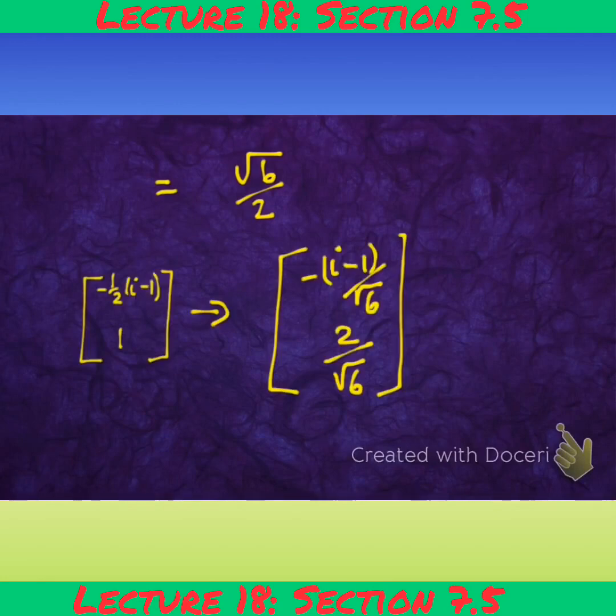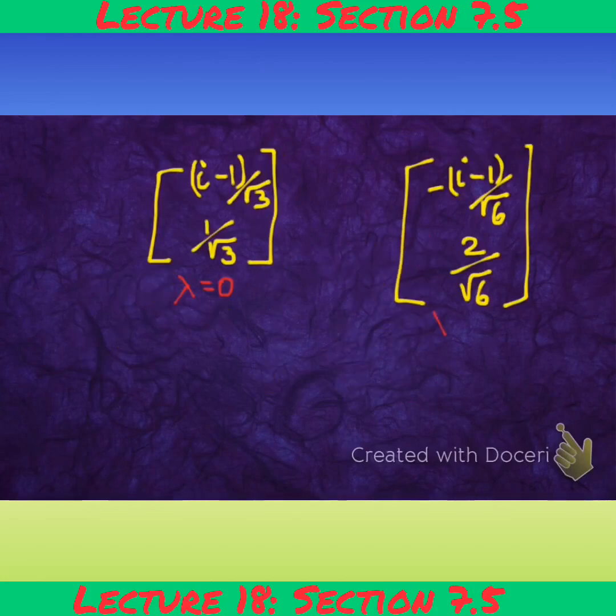So normalizing our vector, we multiply with 1 over the norm, and our normalized vector becomes this new vector. So there are my two normalized vectors, the one corresponding to lambda equals 0 and the other corresponding to lambda equals 3. Now we form our unitary matrix P.